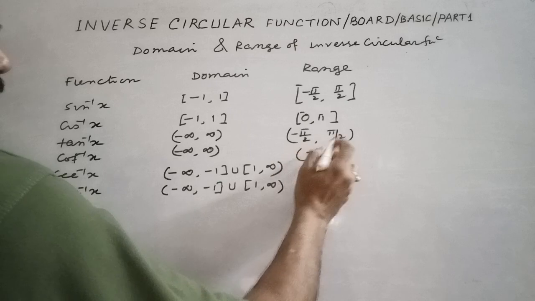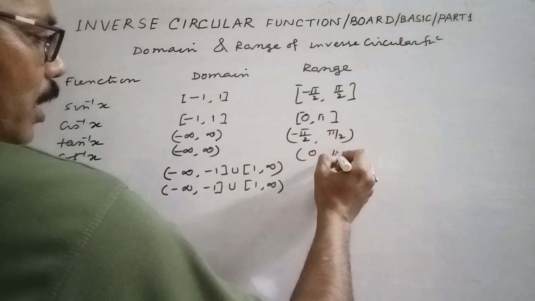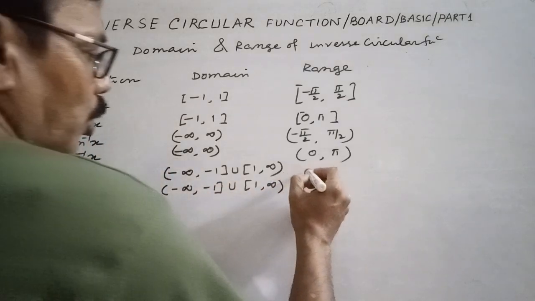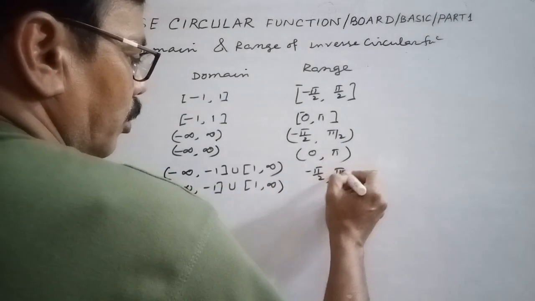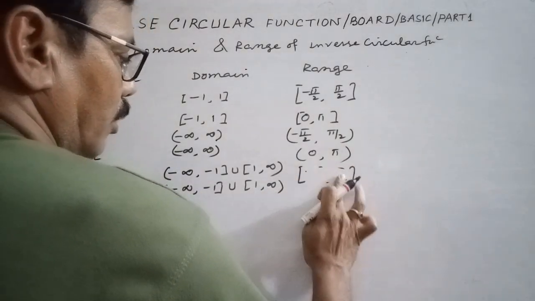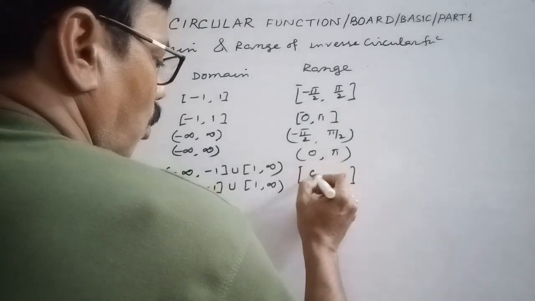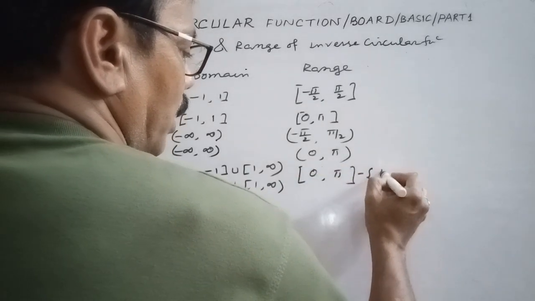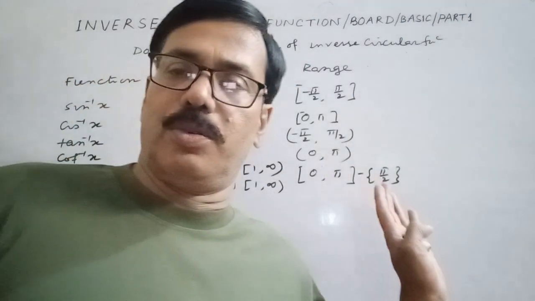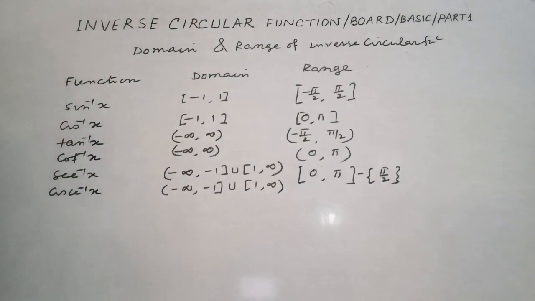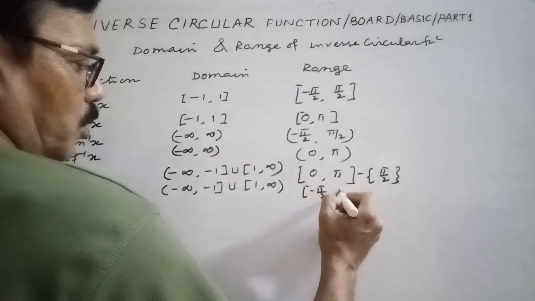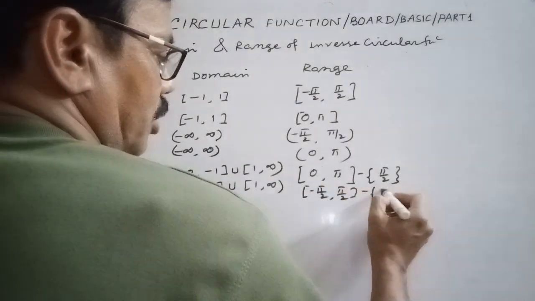Sec inverse is the same as cos inverse, 0 to pi, but one point is not included, that is pi by 2, since at pi by 2 it is undefined. Cosec inverse is minus pi by 2 to plus pi by 2, excluding 0.